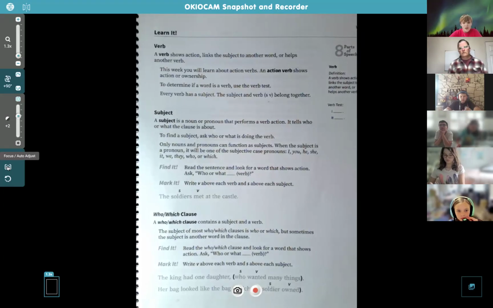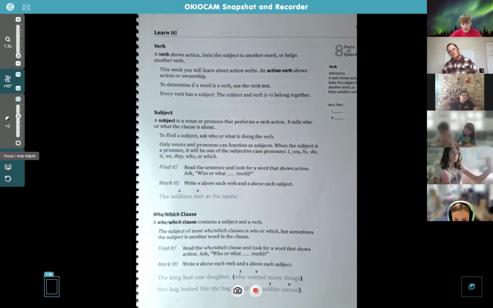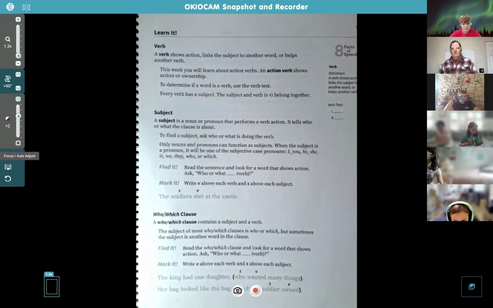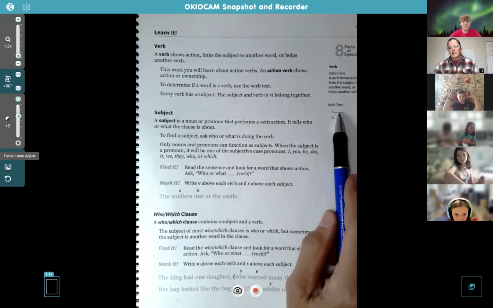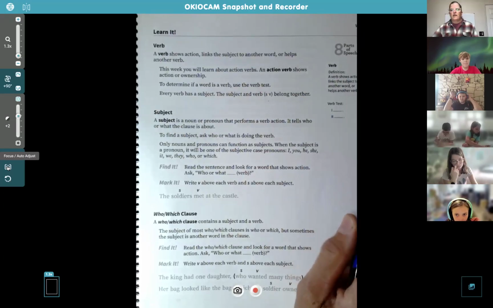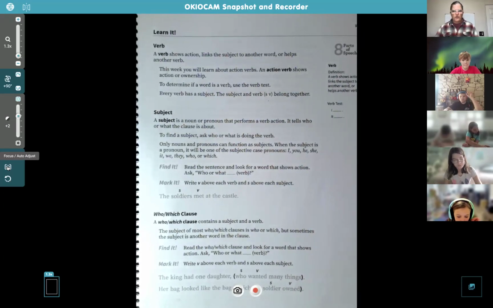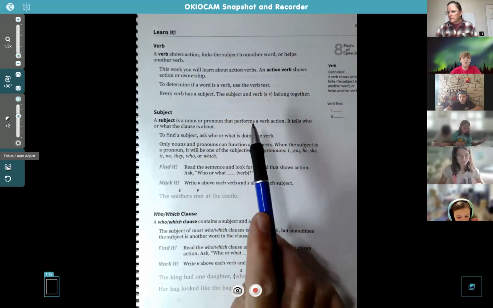For the I blank period, it would be I ran. Yes, that would be a verb. But what if the word was like house? I house. That doesn't really work. So house is not a verb. We know that's a noun because it's a thing, right? So that's just a little test, I blank, it blank, if it helps you with figuring out a word in a sentence.